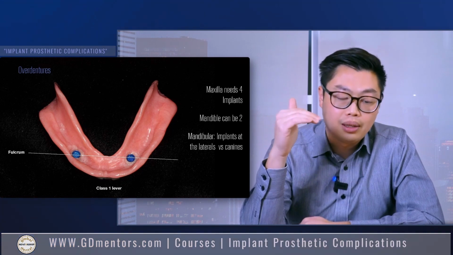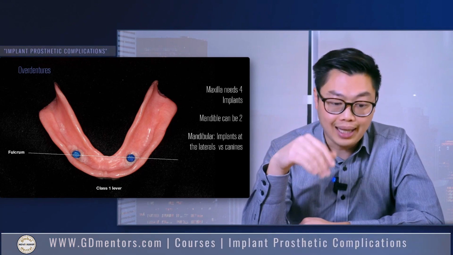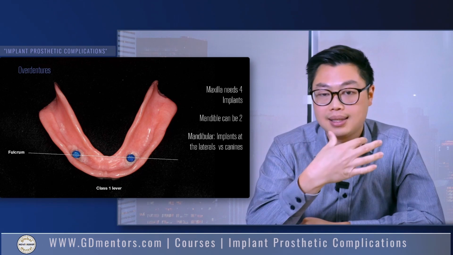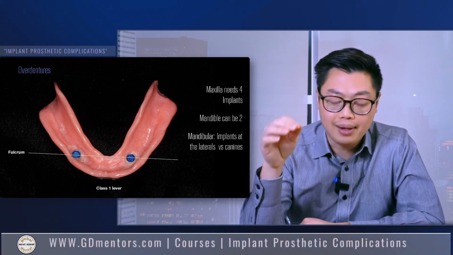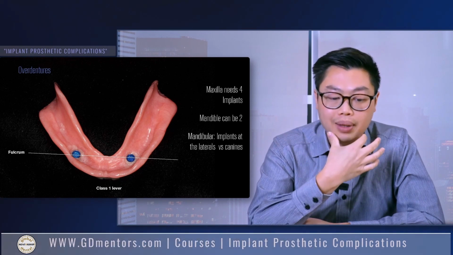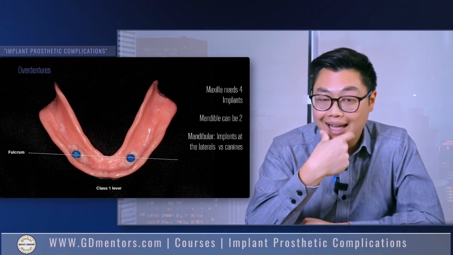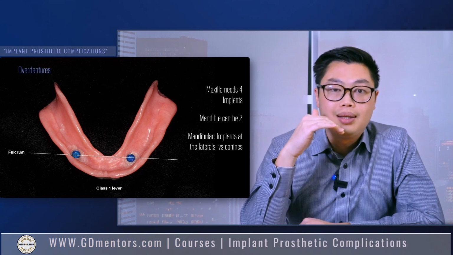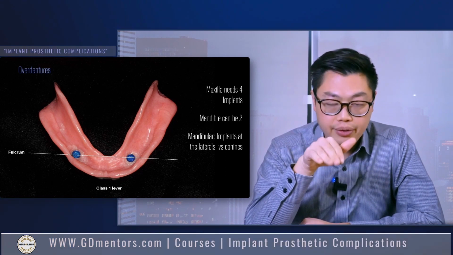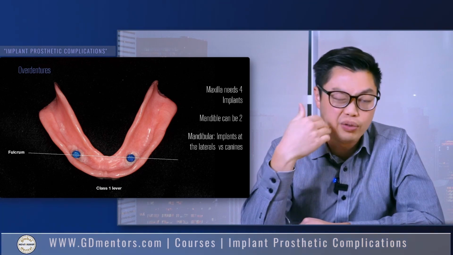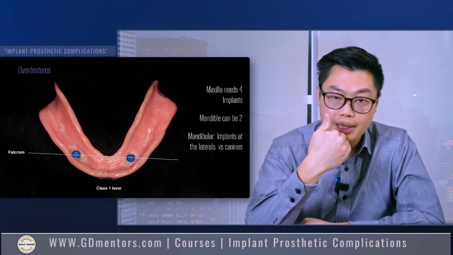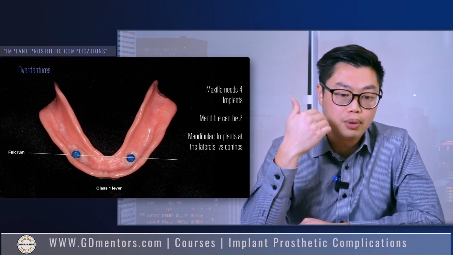Biomechanically, putting the implants in the lateral position is actually better than the canine. You would think that implants are better further back. Actually, biomechanically, it is not. When the implants are placed in the canine sites, the denture can rock back and forth and seesaw on top of those abutments, okay? Because over time, the ridge is going to resorb in the anterior and in the posterior.